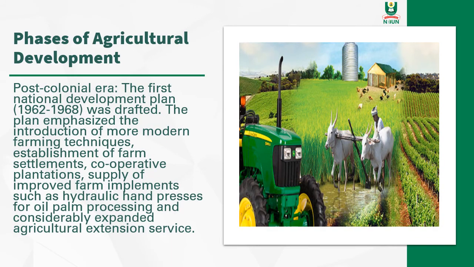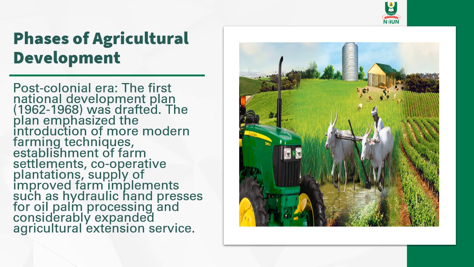The third phase is the post-colonial era, and this was implemented in 1962 to 1968, and this involves the use of more modern technology, farming techniques, establishment of farm settlements, cooperative plantations, supply of improved farm implements such as the hydraulic hand presses for oil palm.